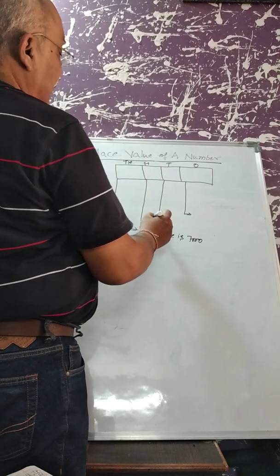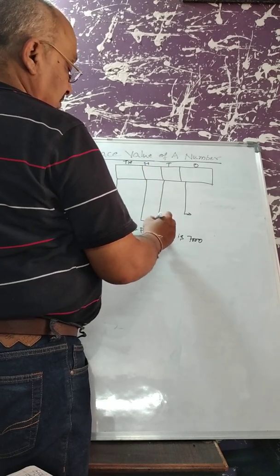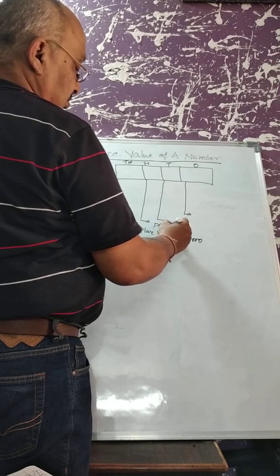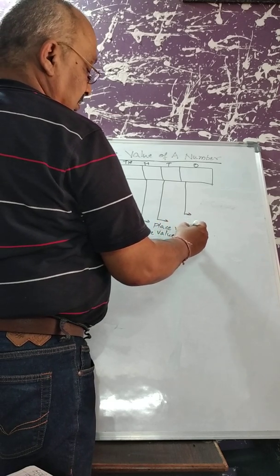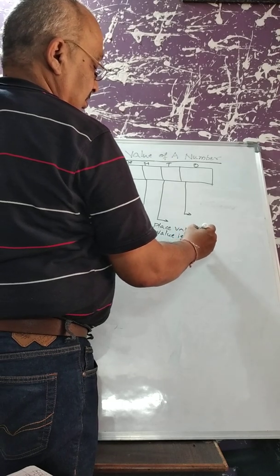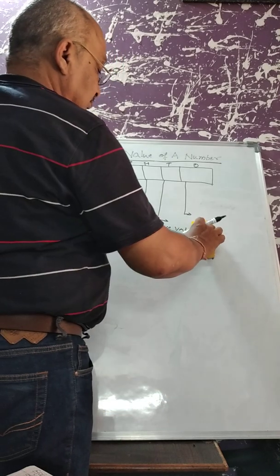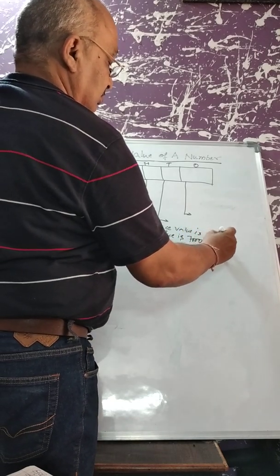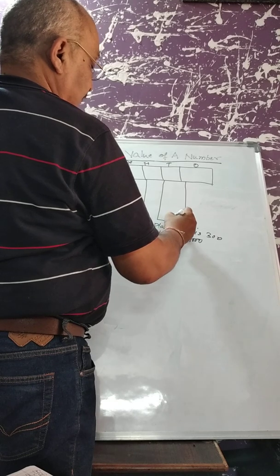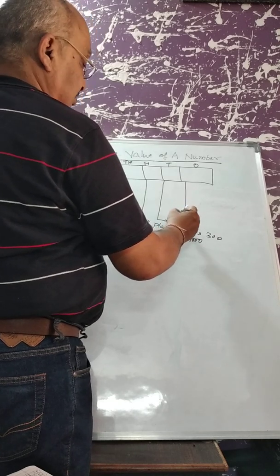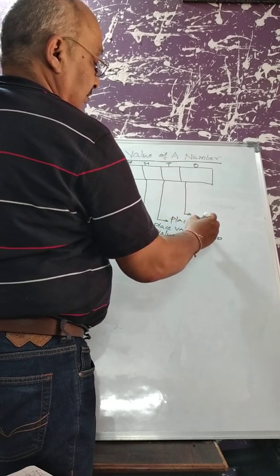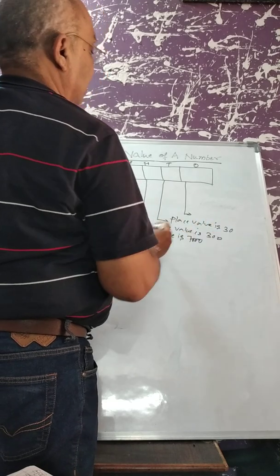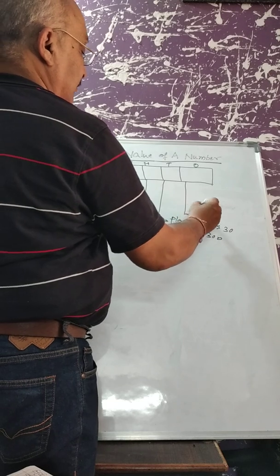And here it is a place value of 100 is 300. At the place of tens, place value is again 30. At the place of ones, it is 2.